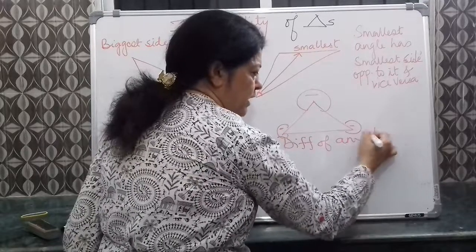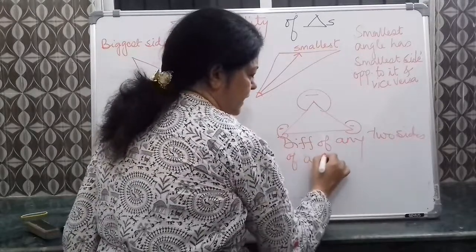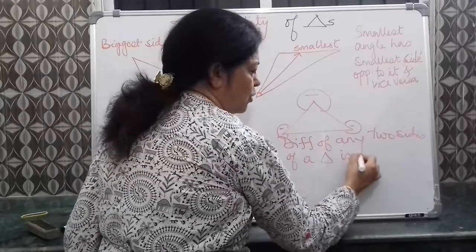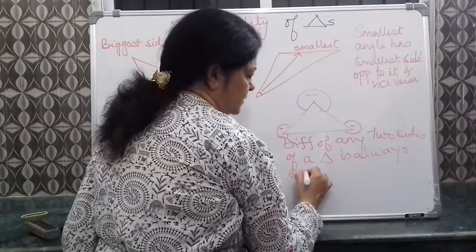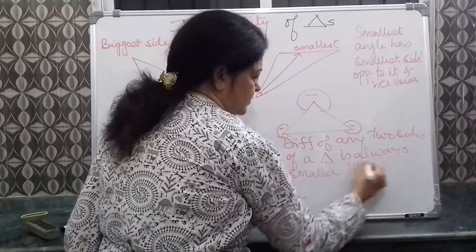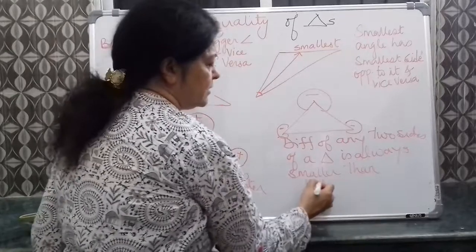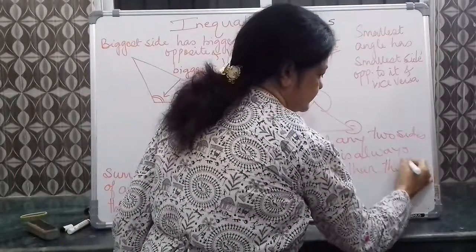So difference of any two sides of a triangle is always smaller than the third side, or less than the third side.